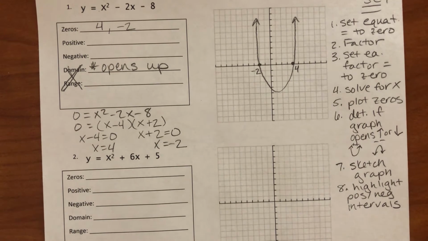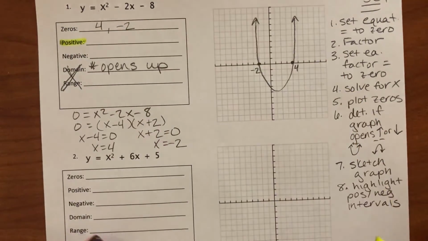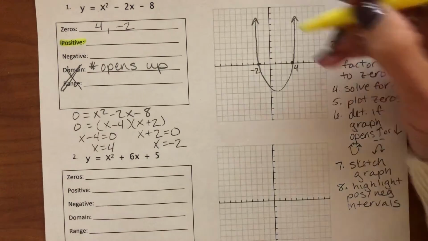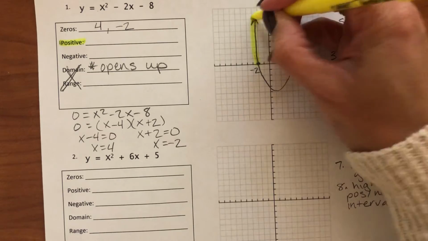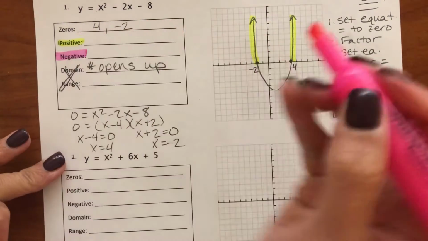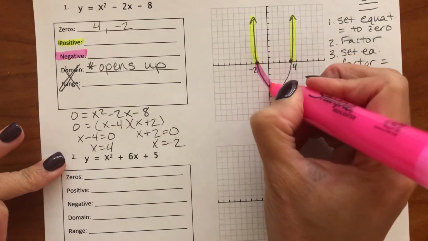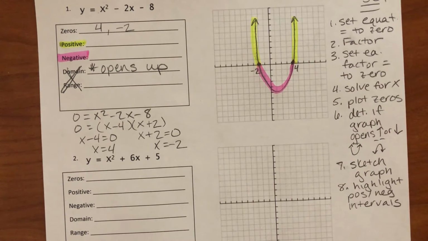So my positive intervals are the part of the graph that's above the x-axis. So here and here. My negative intervals are the part of the graph that's below the x-axis. So that piece right there.